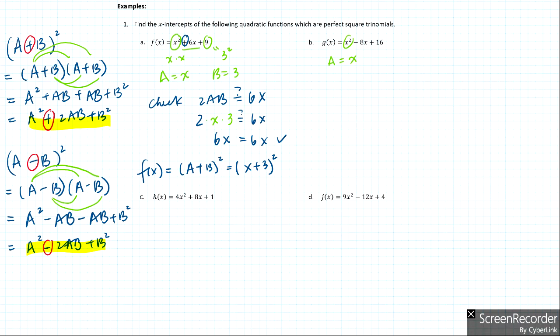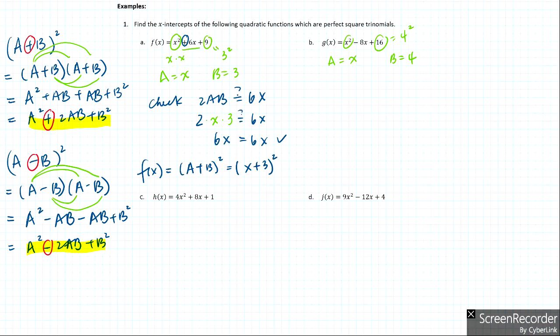And now similarly, we know 16 is equal to 4 squared. And notice we're only working with a positive square root in this case, because the signs will automatically be taken care of when we look at the coefficient in front of the linear term here. And then we can say that b, therefore, is equal to 4.